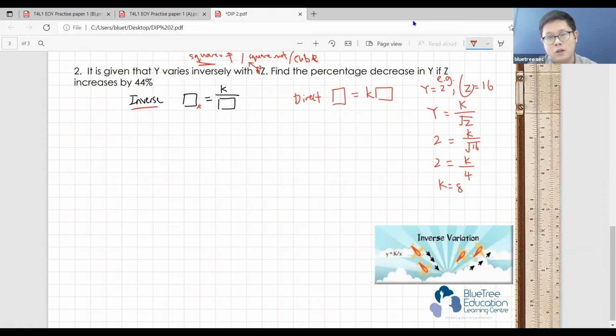And then in this type of question also, the question will ask you to basically connect an equation connecting y to square root z. So then after you obtain k, your final answer will just be changing k to the number that you found out. And the other two, of course, will still stay as variables.